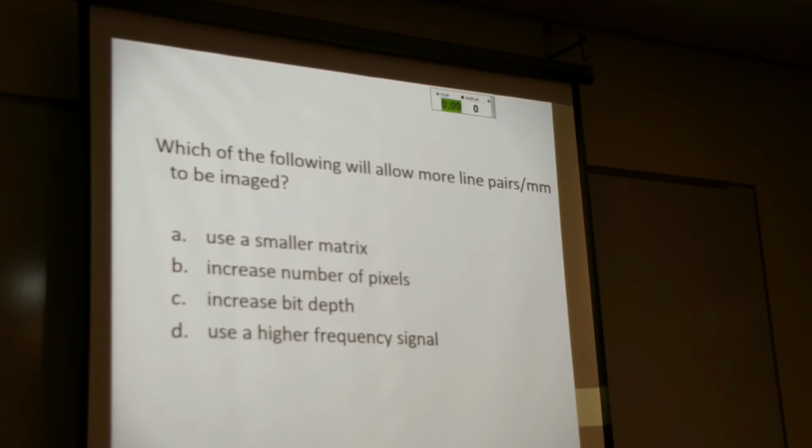Allow more line pairs per millimeter, what does that measure? Resolution, so smaller matrix, more pixels, bit depth, high frequency signal.